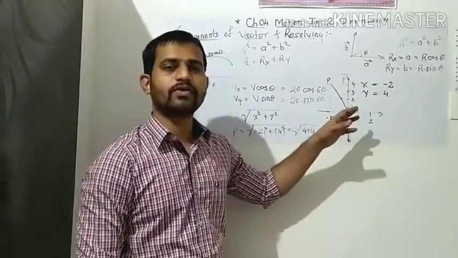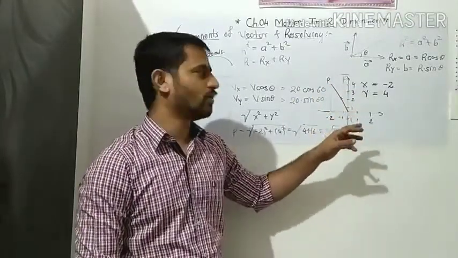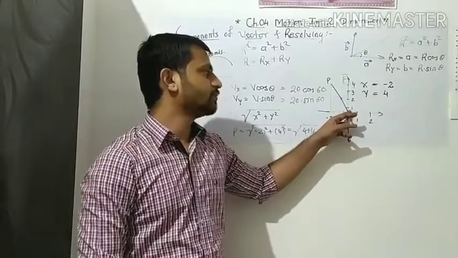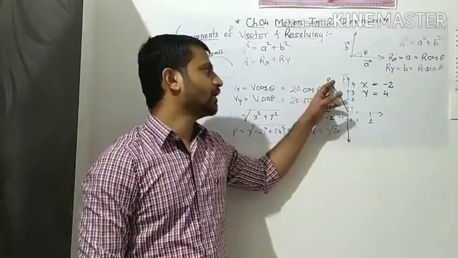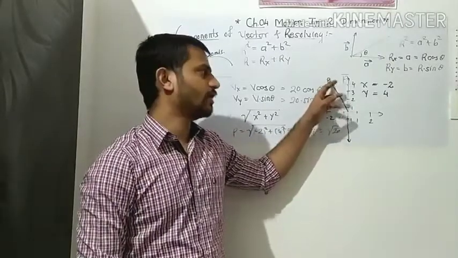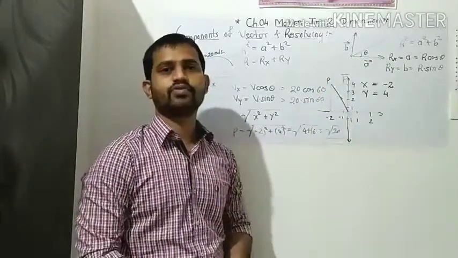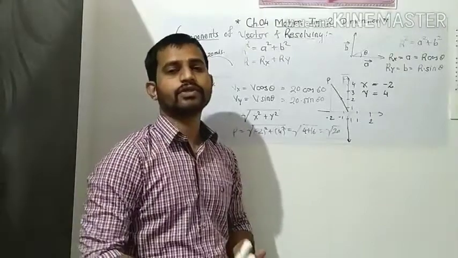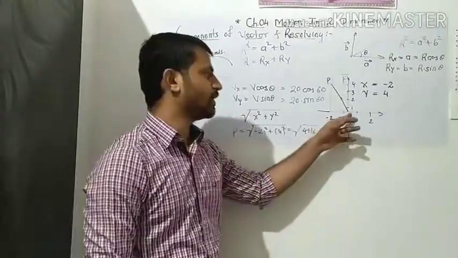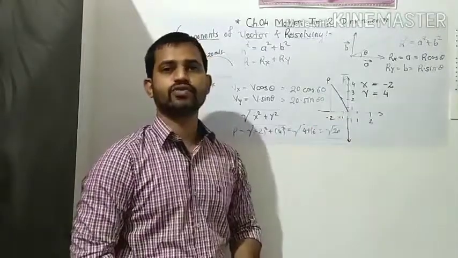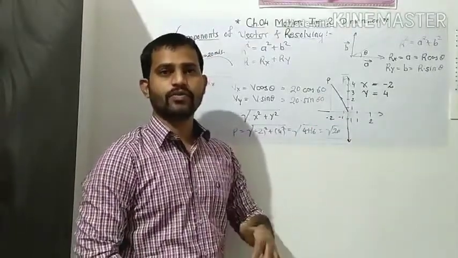To find the position vector, we just draw one line from the origin up to this point, and the line joining these two points is known as the position vector. We will see that point in rotational motion also, but remember that this line represents the position vector for that particular vector P.